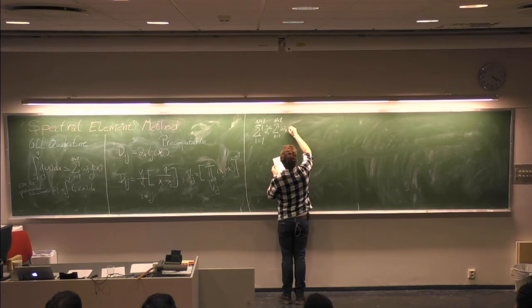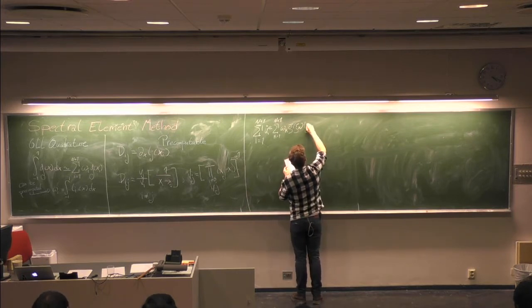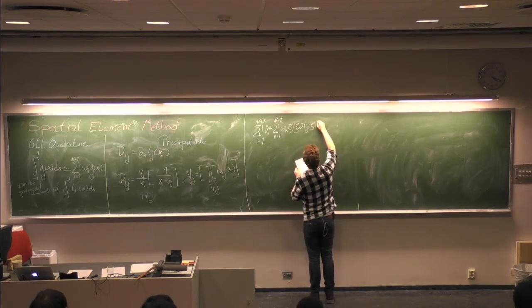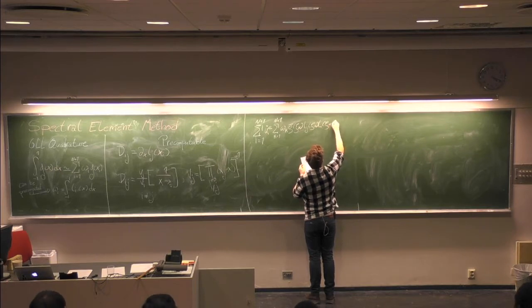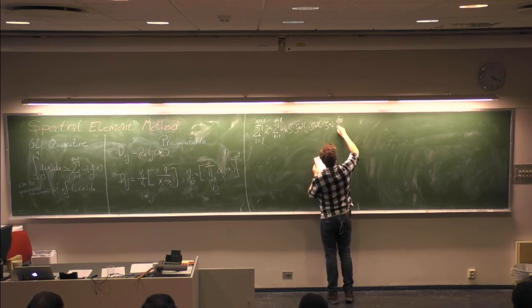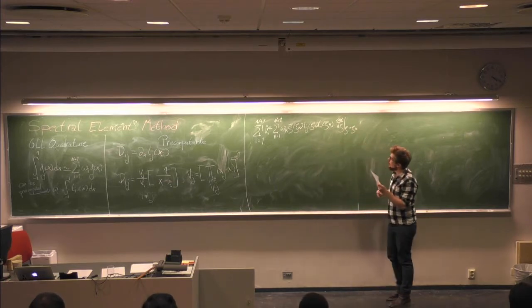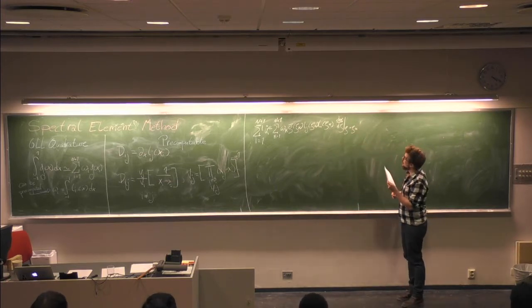The sum over k of the weight, rho bar of xi_k, L_j of xi_k, L_i of xi_k, dx, at the point k, and then similar.